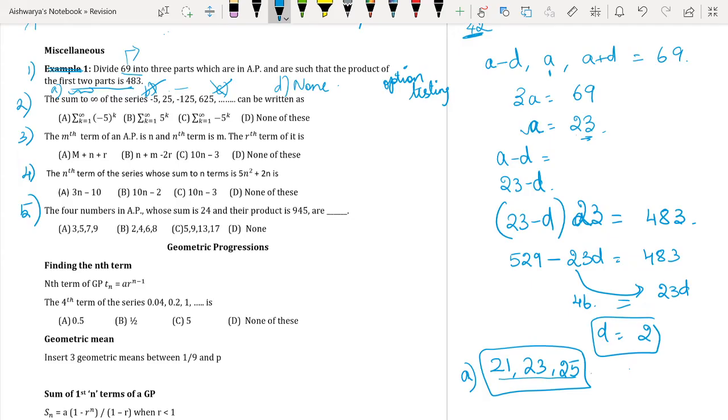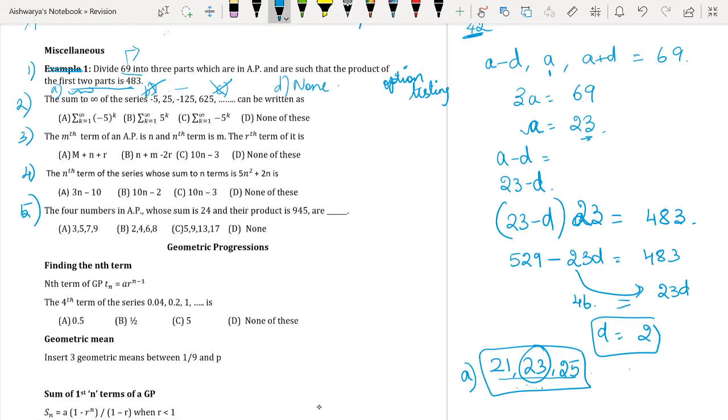Let's see how far you remember these short tricks and tips. All you have to do is the middle number into 3. 23 into 3. You do have a calculator in the exam, but even faster is always relying on your brain. 23 into 3 is nothing but 69. So this is adding up to 69.